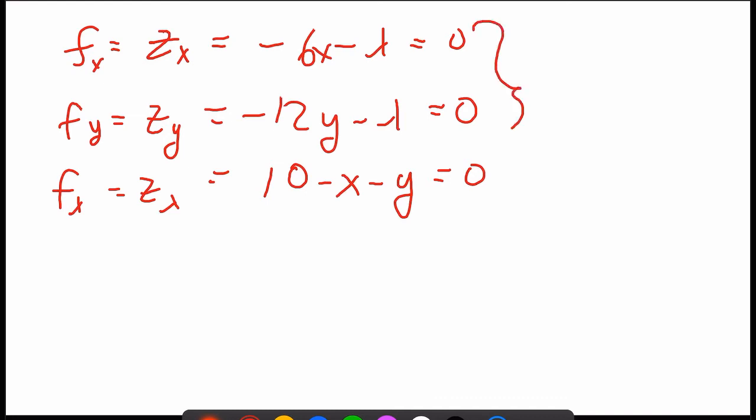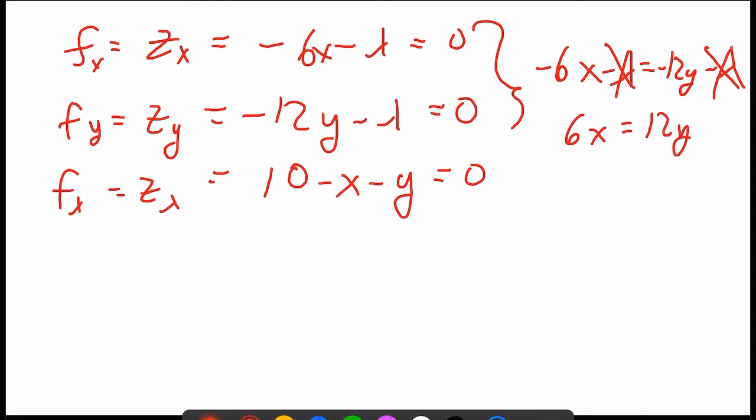So these two things now have to be equal. So I say minus 6x minus lambda equals minus 12y minus lambda, right? And get rid of the lambdas. That's 6x equals 12y, x equals 2y.